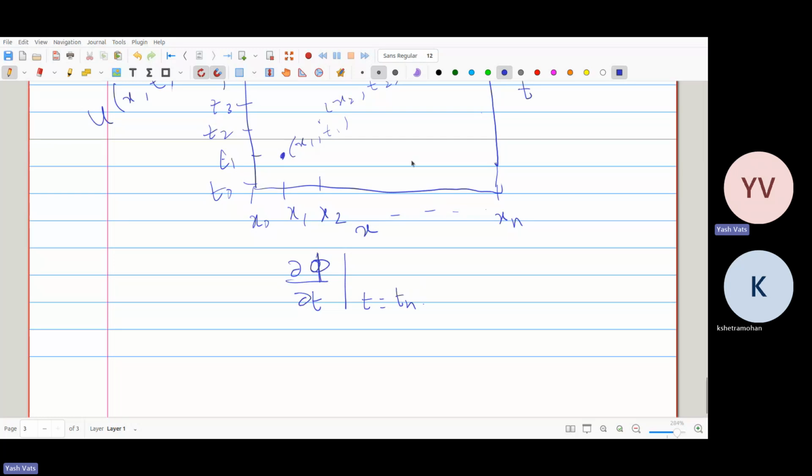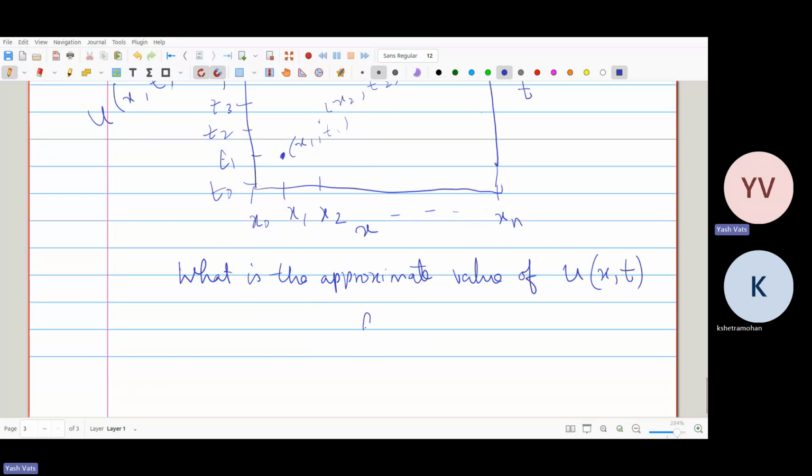So basically, I want to write what is the approximate value of u_t(x,t) at x equal to xi and t equal to tn.